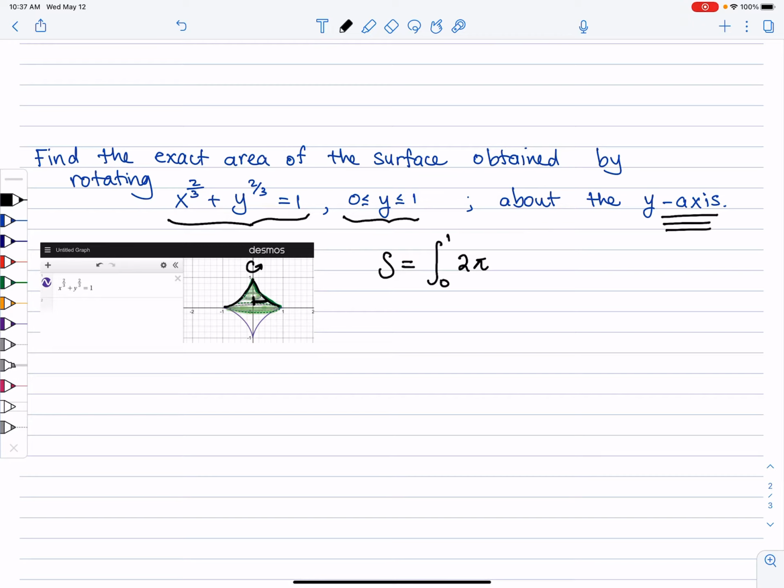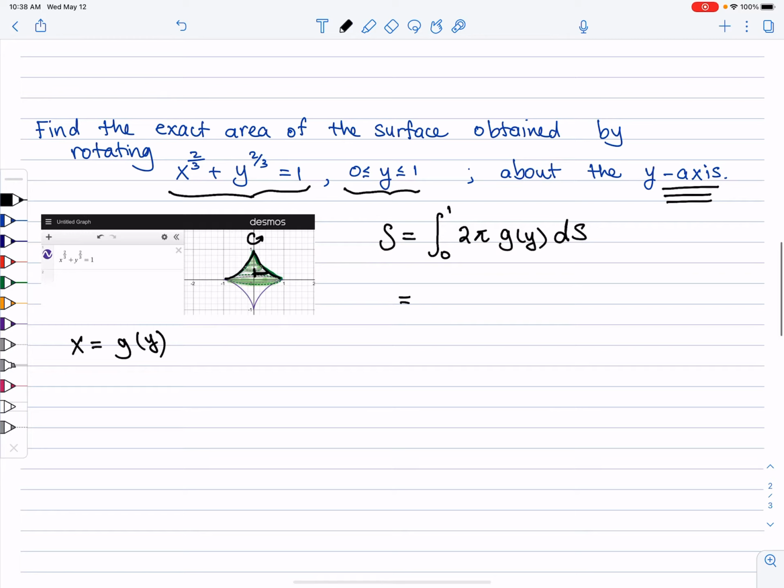So I'm going to write it down as x, but remember, we're not going to be integrating with respect to x. What is x? x is equal to a function g in terms of y. So we can say that the radius is just the distance from the axis of revolution to the curve, which in this case is just the curve, g of y, times ds.